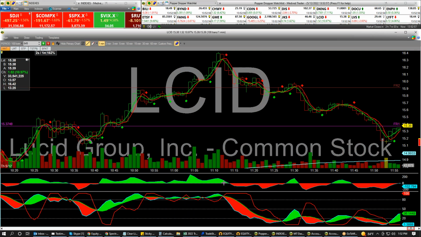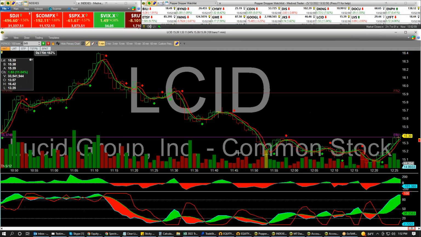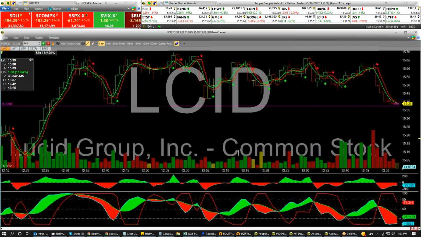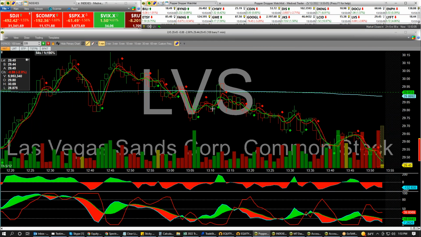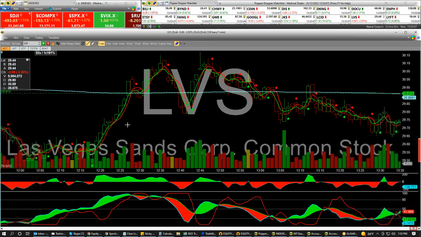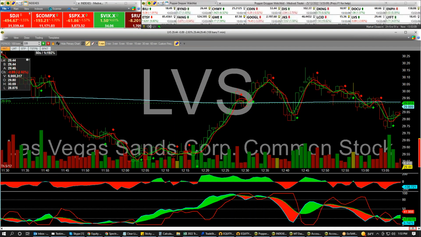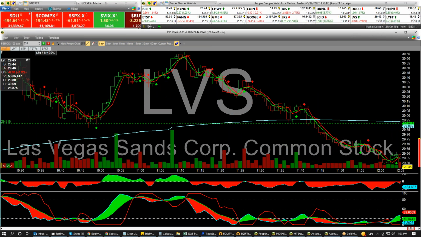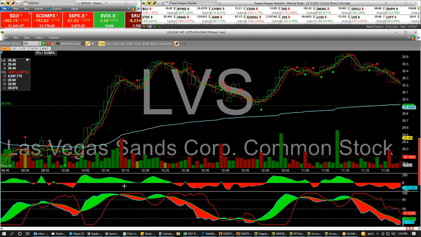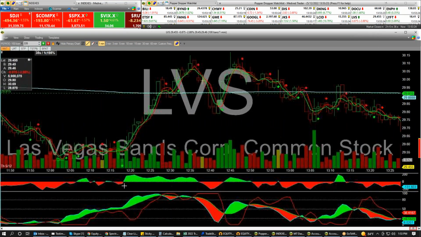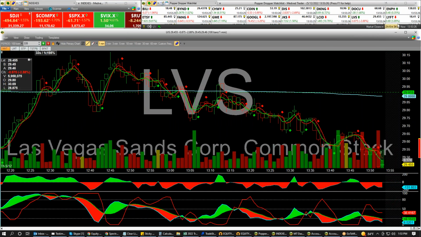Red arrow, those weren't simultaneous, they were close, but you know, the best are when you really want to see the lineup. Green arrow, and they both cross pretty close to each other. Big move up. That was a good spot this morning on LVS.